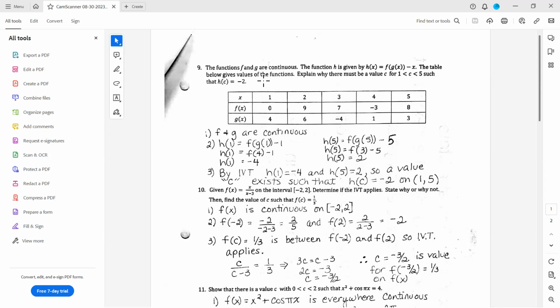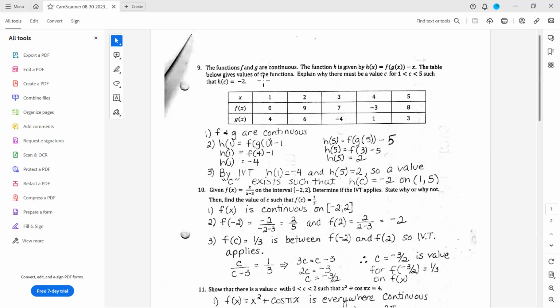You start with g of 1, which is 4. Then you go f of 4, so you go to 4. Yep. Okay, so you do know how to do that. Very good. I just want to make sure, because that's another whole concept in and of itself.